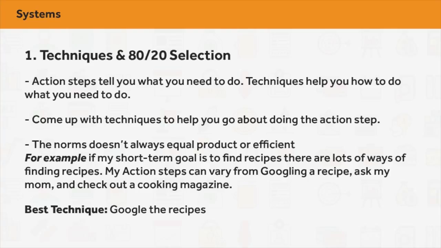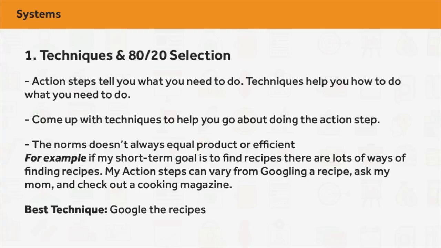There are so many techniques that have become a norm, but that doesn't mean we need to follow those techniques. For example, let's say our action step was to find a recipe. The technique that is a norm would be to go get a recipe book and then find a recipe from that cookbook. The thing about the 80-20 selection is that it asks the question: does looking for a recipe in a cookbook bring 80% of the results with 20% of the effort?